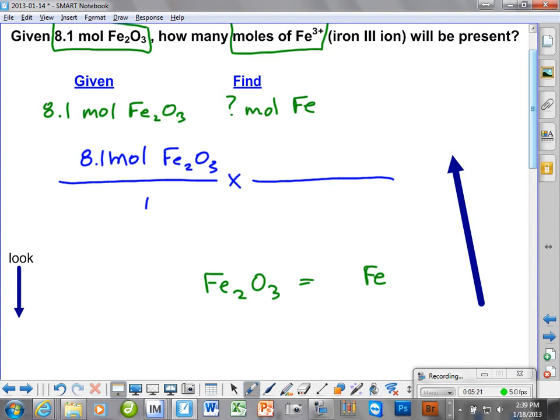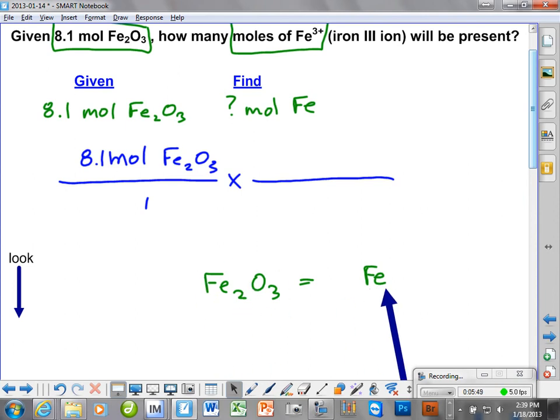Okay, so what are those numbers going to be? And let's see if Lewis can tell us. If I have one of these guys, how many of these guys does that make? Look at the subscripts. Okay, there's one of these guys.